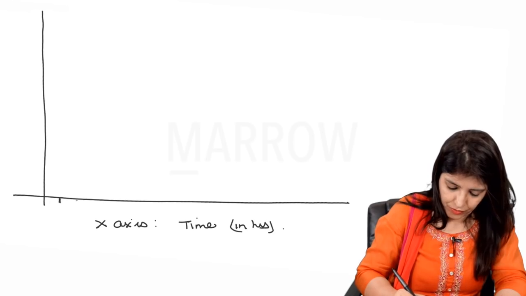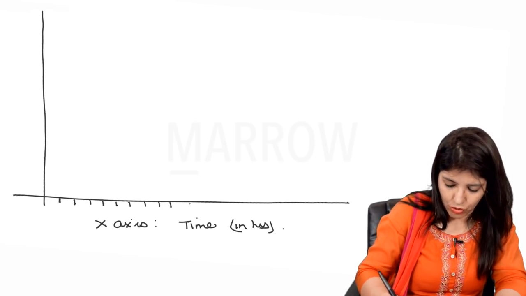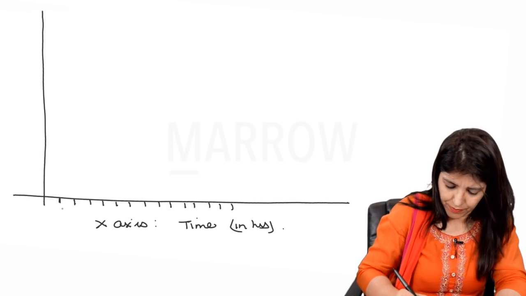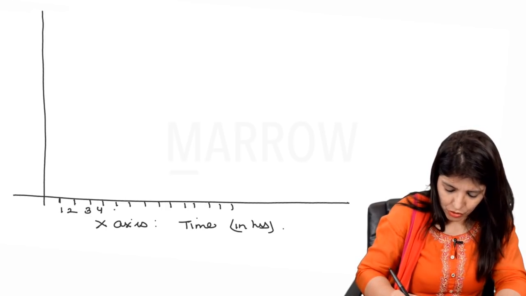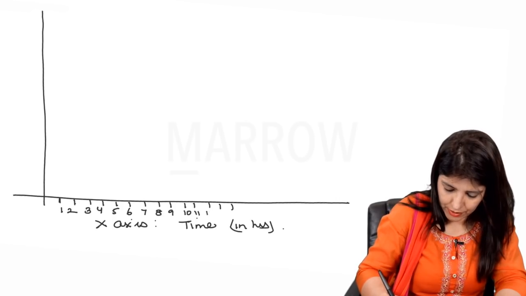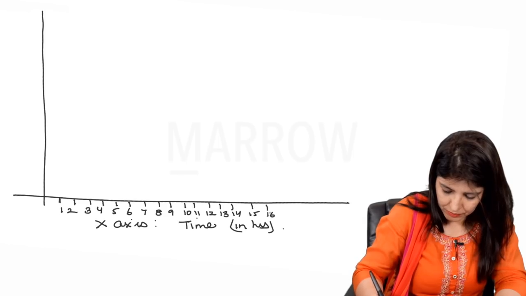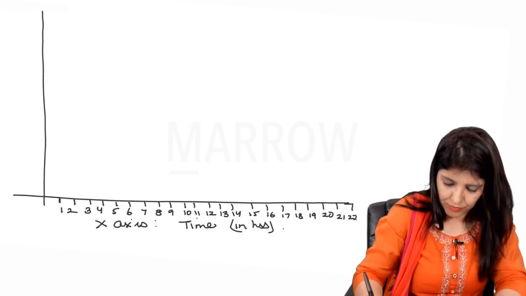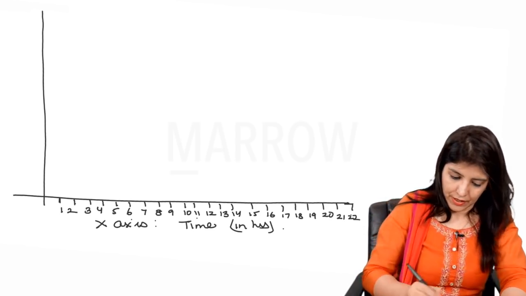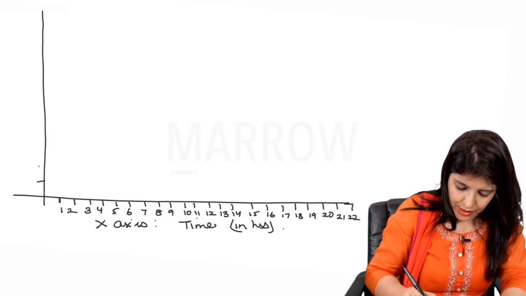So time, beginning from 1 hour, go up till 22-24 hours. You will have to draw it along with me, otherwise you will not understand. Right? Dilatation of the cervix, 10 centimeters.